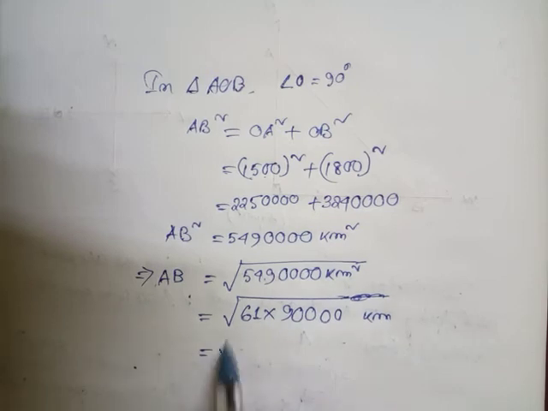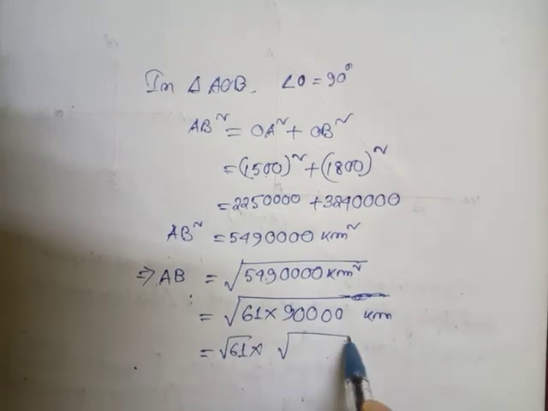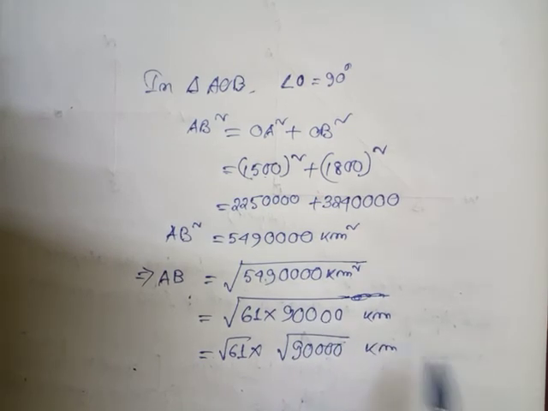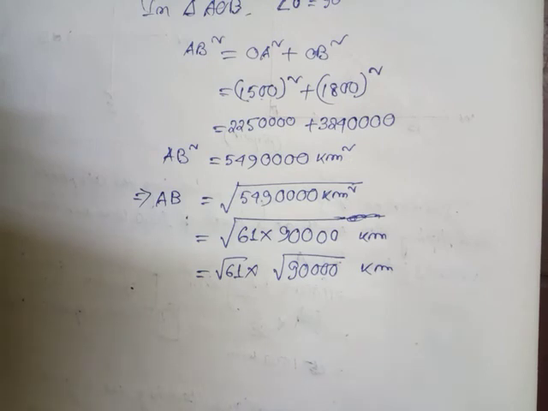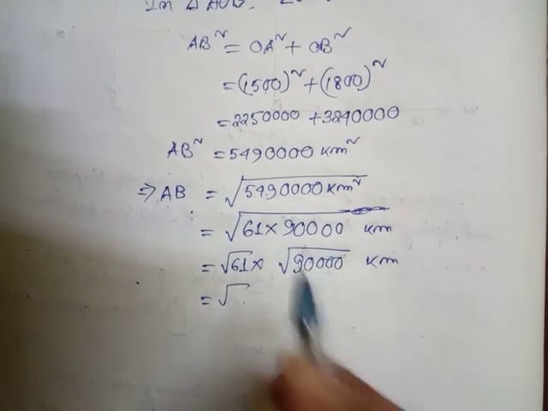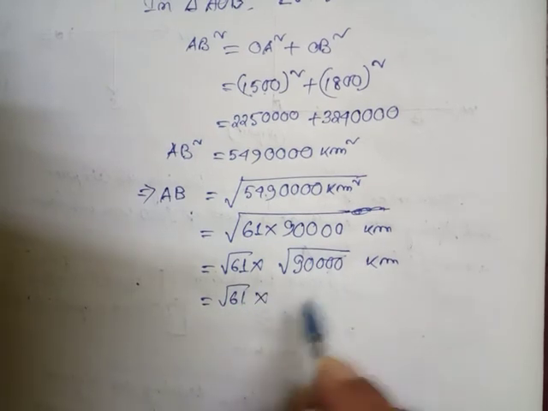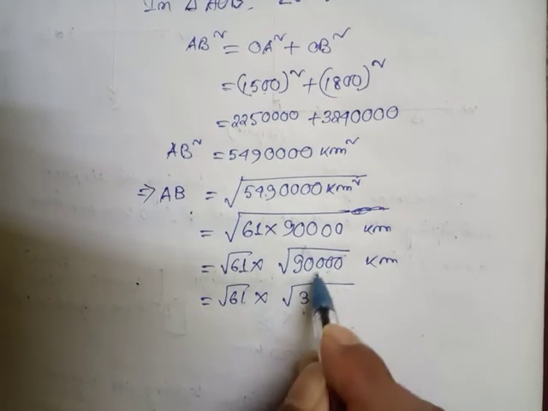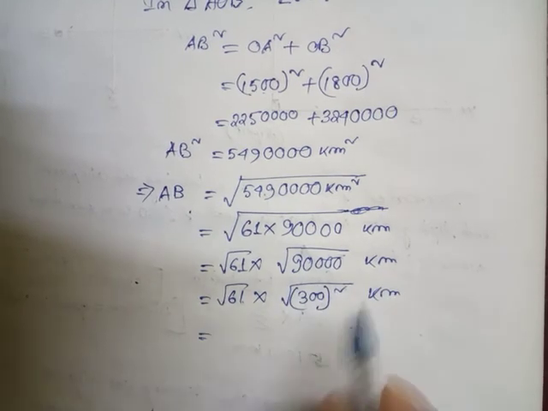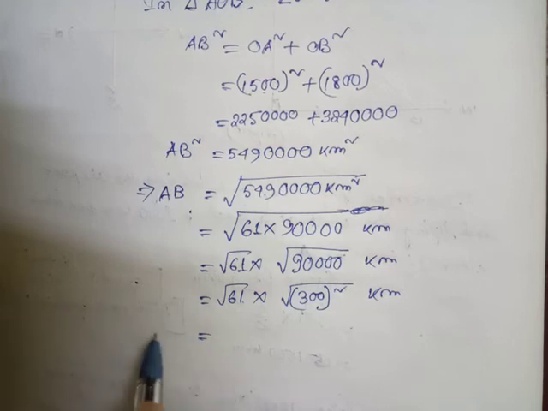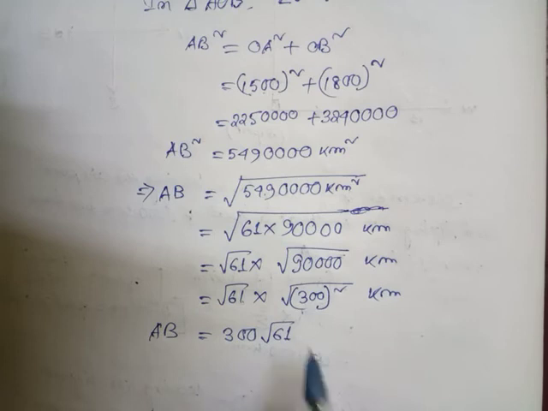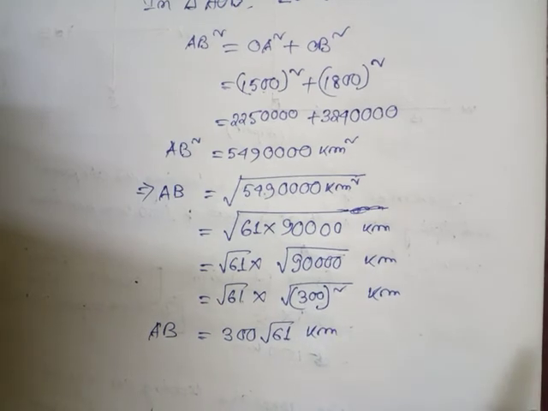This is root over 61 and root over 90,000 and kilometer will be outside. Now 3 square is 9, so 300 square is 90,000. The square root cancels, and AB equals 300 root over 61 kilometer.